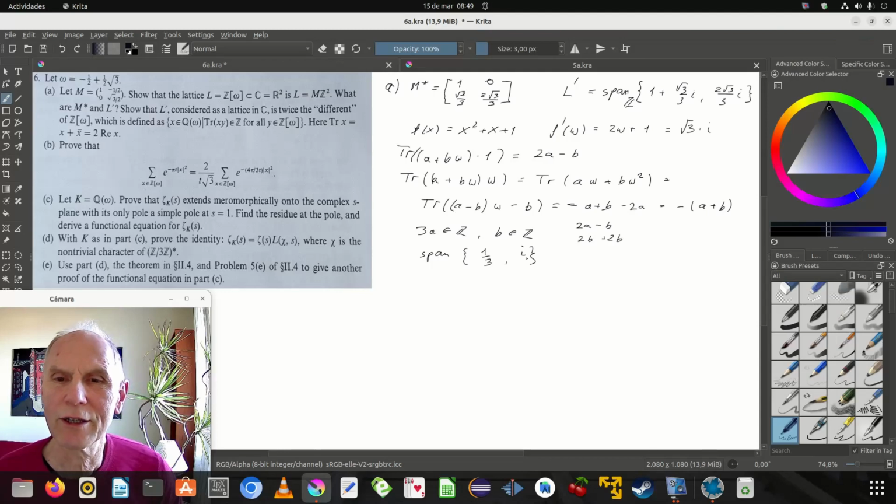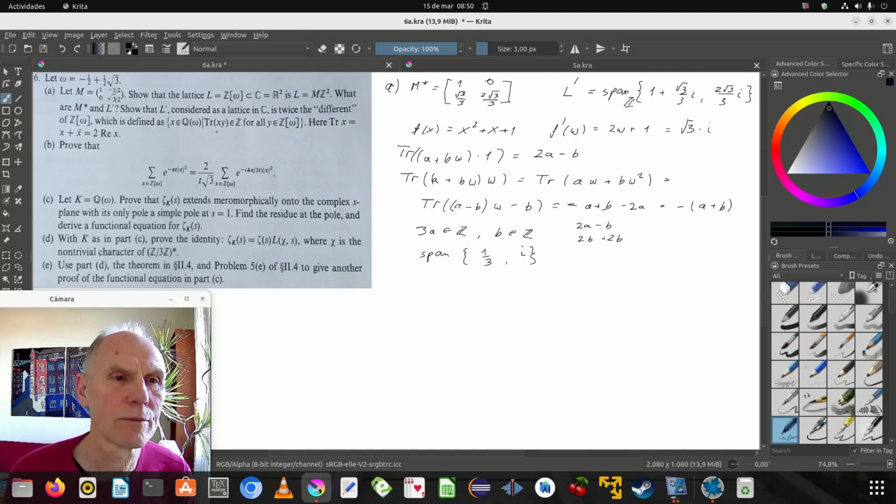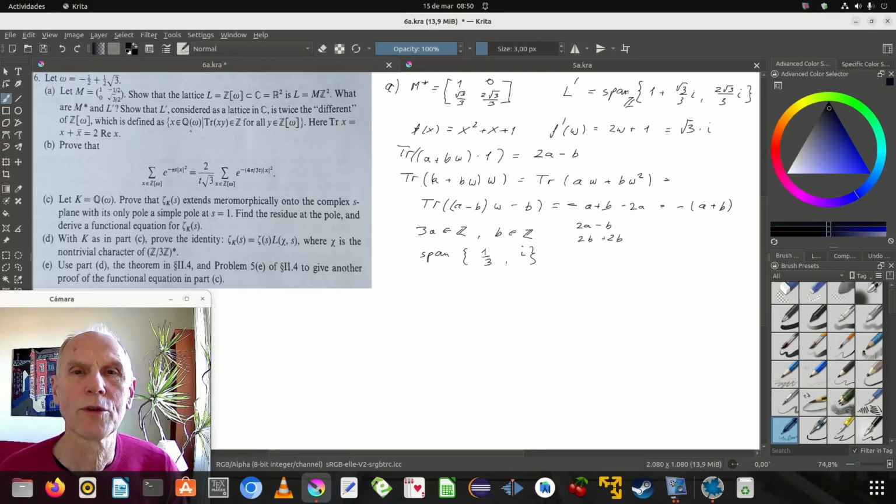And I can't see that this being rational, I can't see how we can get square root 3 into it at all. So it's break time where I look at this.